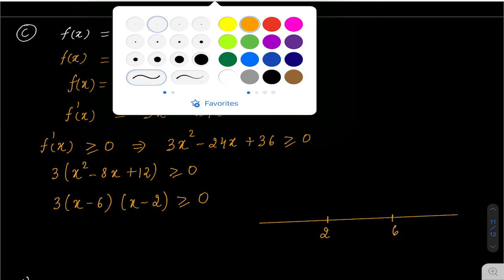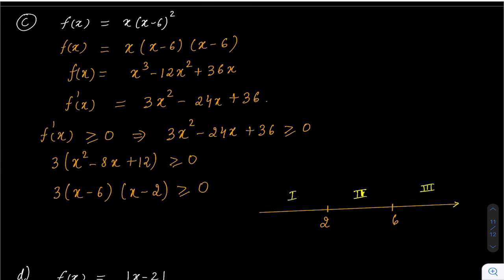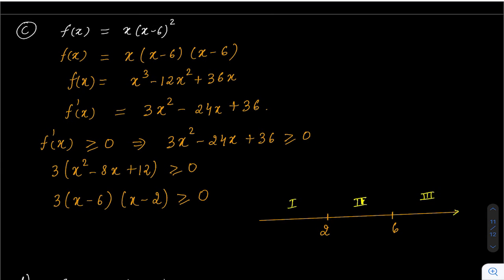So again I am left with 3 regions. So you can take any value in any region. For example, in the third region. So let me just show you what is third. Let's say this region is the third region. This is the first region. So in the third region, take any point. Let's take x equal to 8. So you take x equal to 8 and substitute here and see whether it is coming out to be positive.